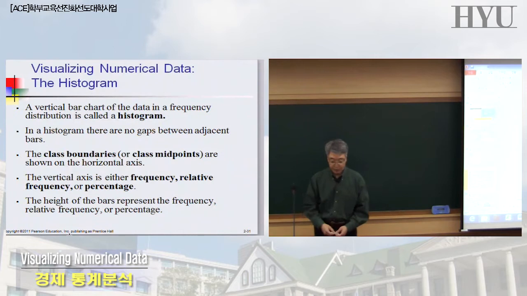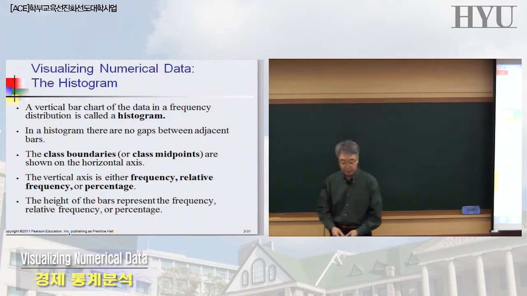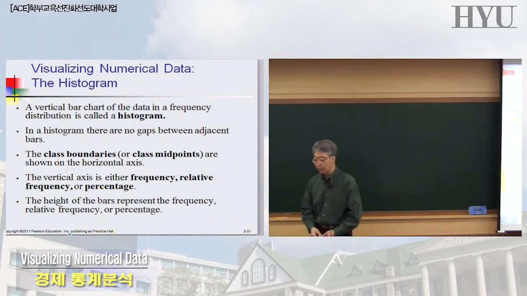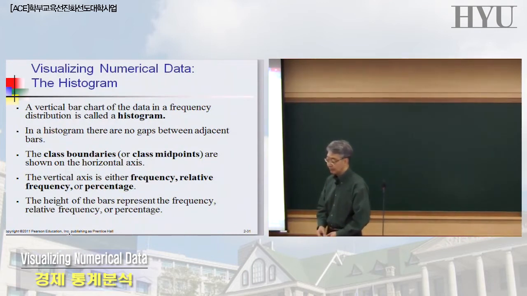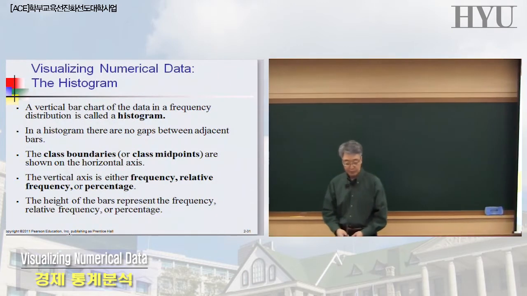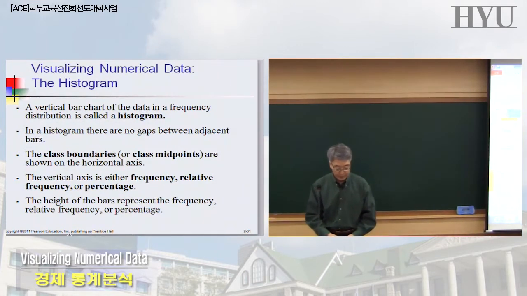All right, histogram. Now we are in numerical data, quantitative data. This is one of the most frequently used charts or graphs, and it's pretty similar to a bar chart.